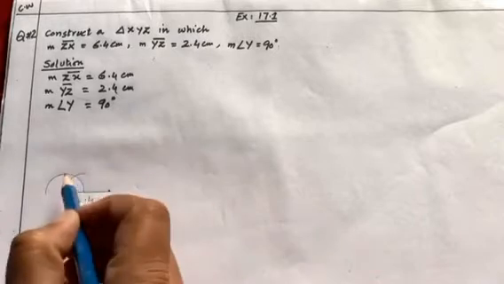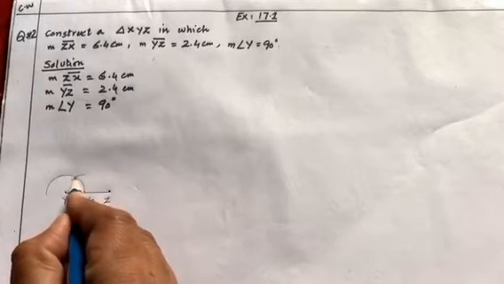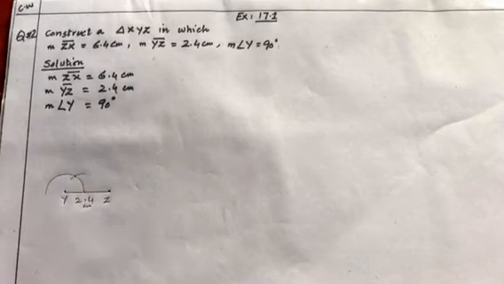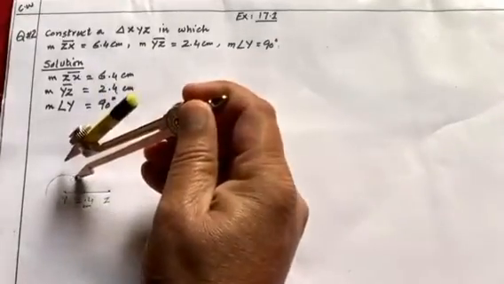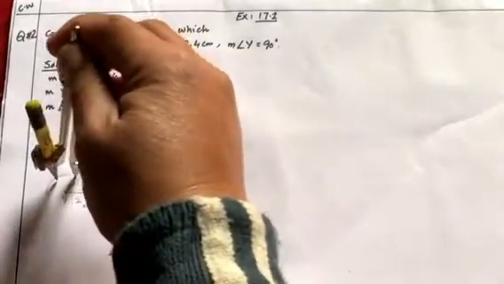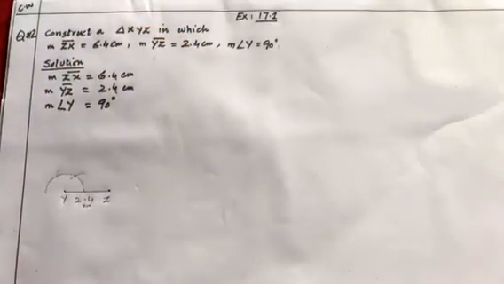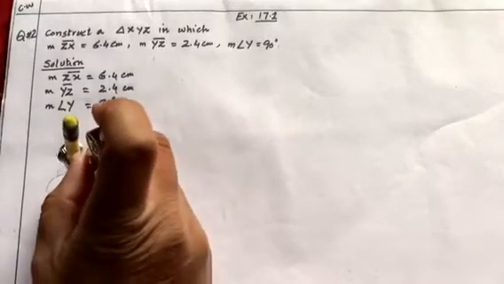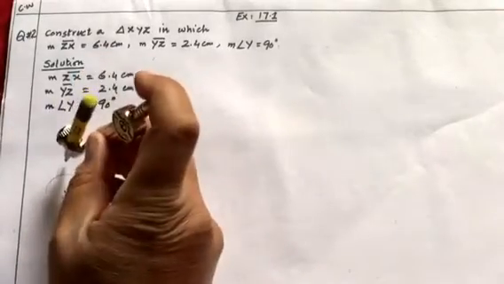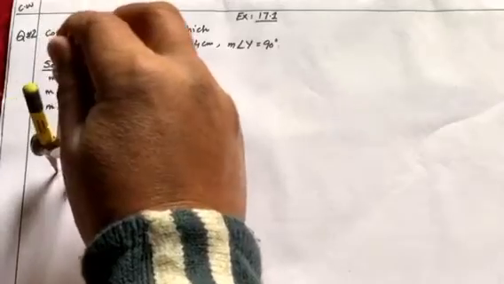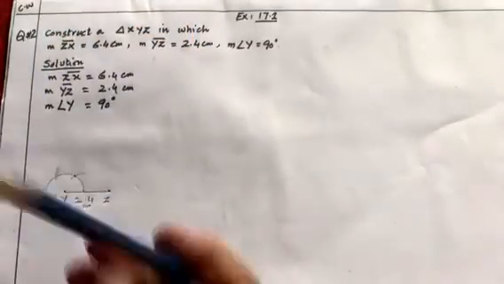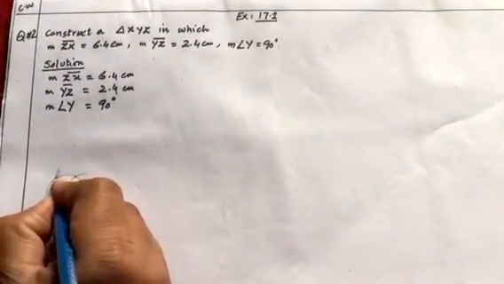Now we will place the compass at this point and draw another arc with the same radius, cutting the arc at this point.